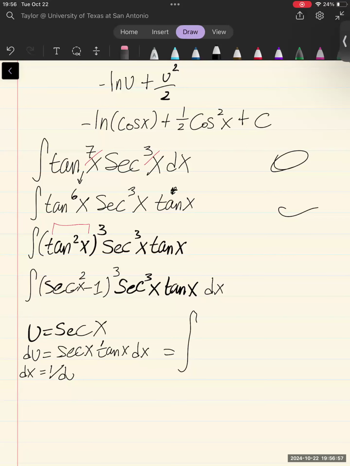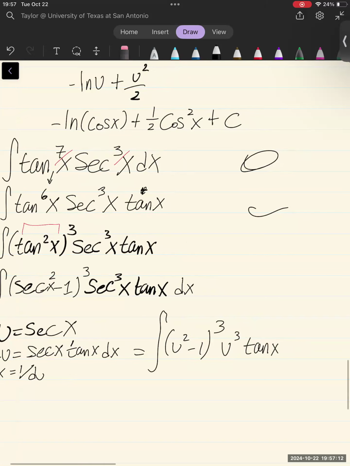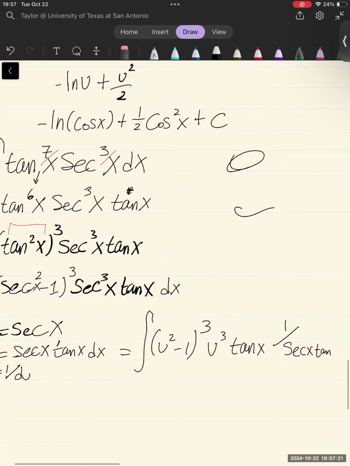And this is dx. So what happens is now I'm gonna do all my substitutions. I get u squared minus 1 cubed, u cubed, and then if I plug in tan x and then plug in my dx, 1 over secant x tan x, we see the secant x doesn't cancel out, right?